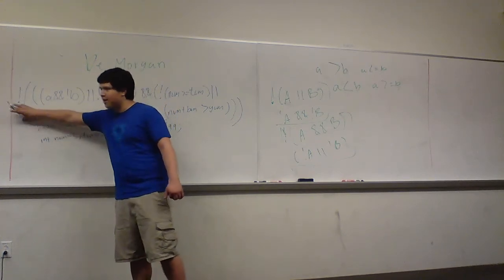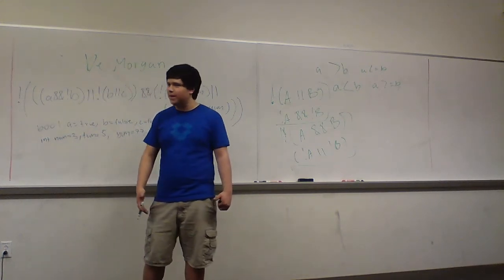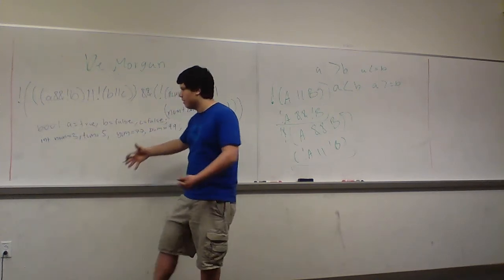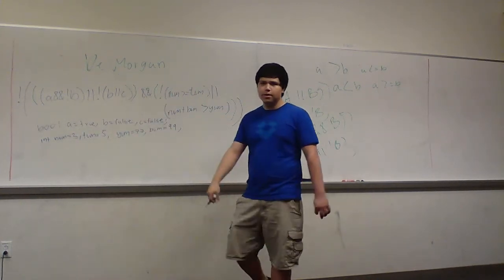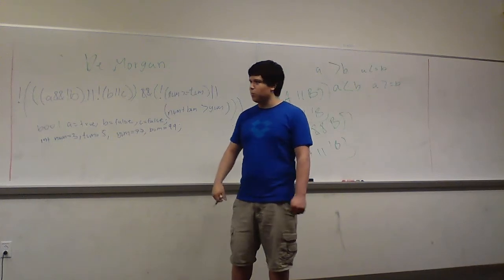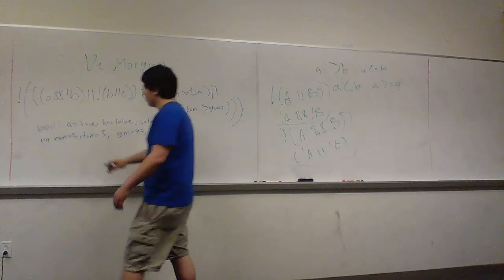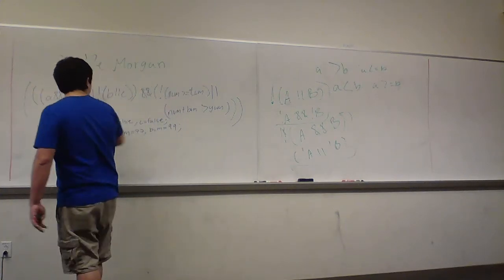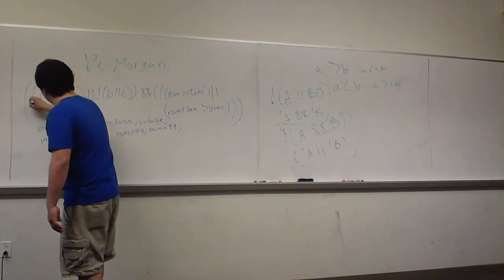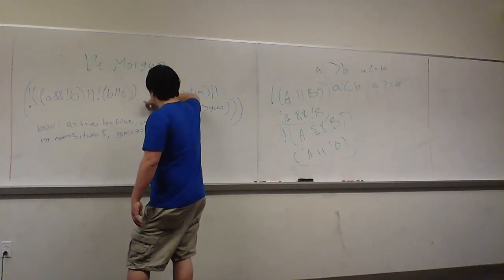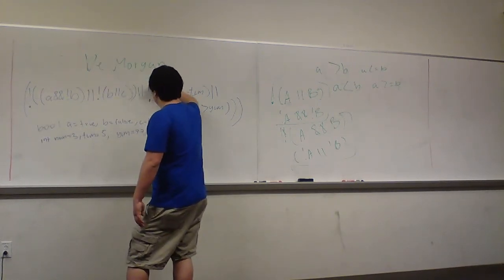So this negation operator gets distributed to this entire expression. Let's just take it one step at a time. This not goes from here and gets applied to not this, flips this operator, this becomes or, and applies the not over here.